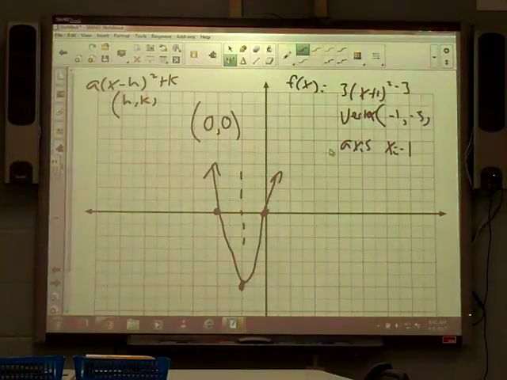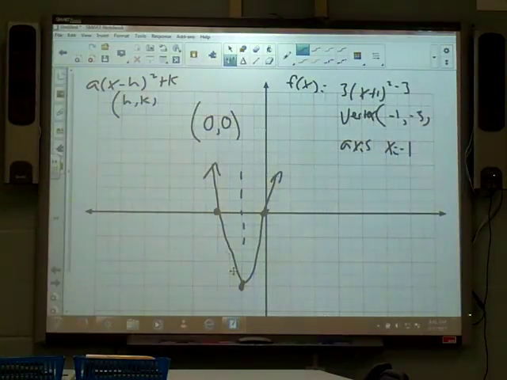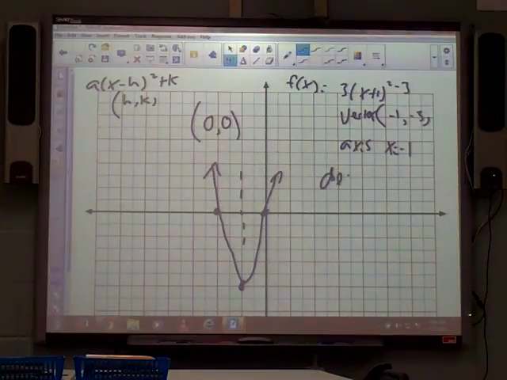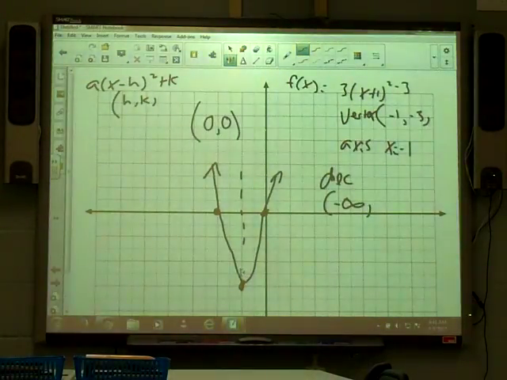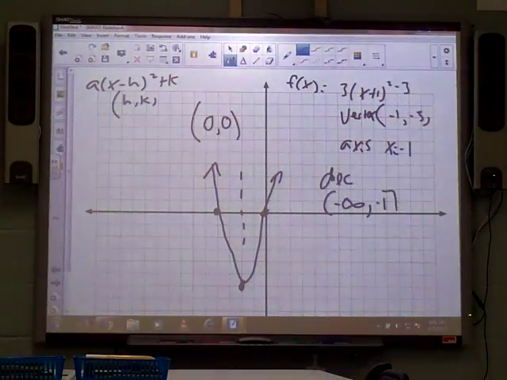Yeah. All right, the increasing and decreasing thing, and you can use your notes on this. We've written this down. This is going to go decreasing first from left to right. So I'm going to write it decreases from negative infinity up to where it hits the x, so up to -1. That's our answer.